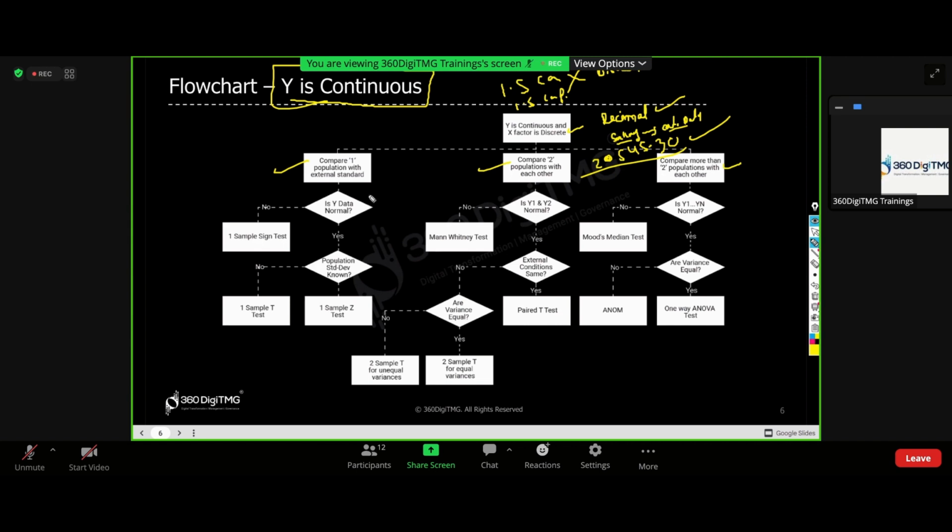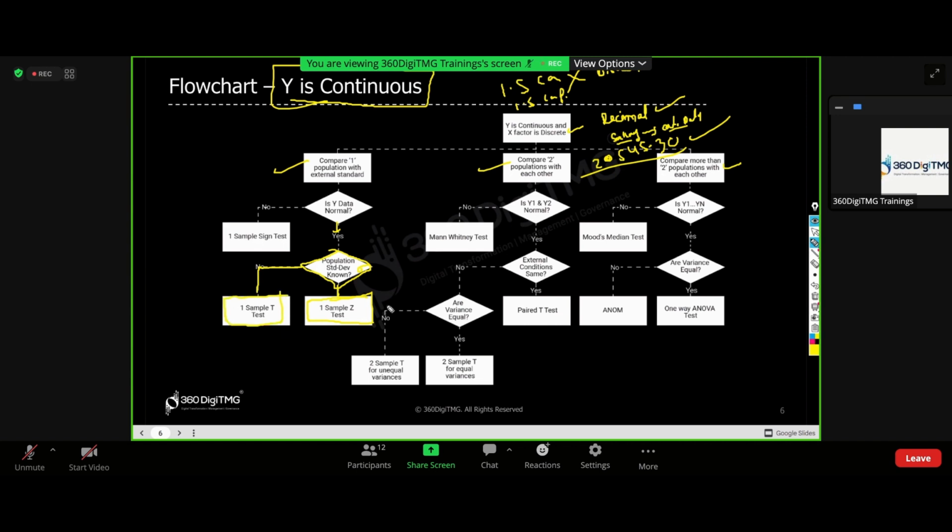Then you also check whether y data is normal or not normal. If data is normal, then you go and check the standard deviation. If the standard deviation sigma is known, then you perform a one-sample z test. If it is not known, then you perform a t-test.